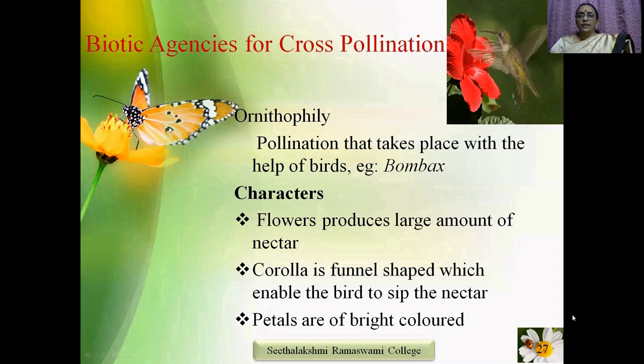The flowers are odorless and brightly colored, which attract the birds. The flowers produce large amounts of nectar, and while sucking the nectar, the pollen grains are deposited on the beaks and the neck and are transferred to the next plant that they visit.